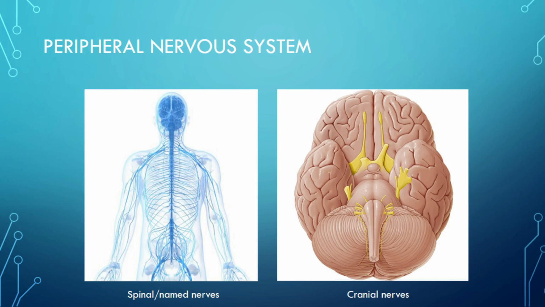These are all examples of spinal nerves. Usually several spinal nerves have joined together to form these named nerves. And they're all part of the peripheral nervous system.